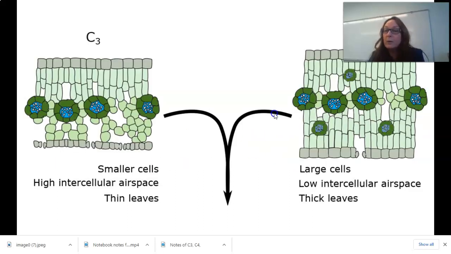So here's the thing with them. They look a lot like a C3 plant. You've seen them. I'm over here looking at my little cactus plants I have, my penguin and my sloth, and I don't know what that other one is. But their leaves are thicker, and that's because their cells are larger, and they do not have big air pockets.